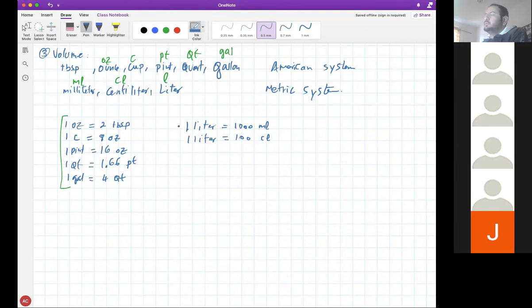And another useful one is cubic meters. 1 cubic meter is actually 1,000 liters. That's a good one to know too. You can add that here. One cubic meter is 1,000 liters.